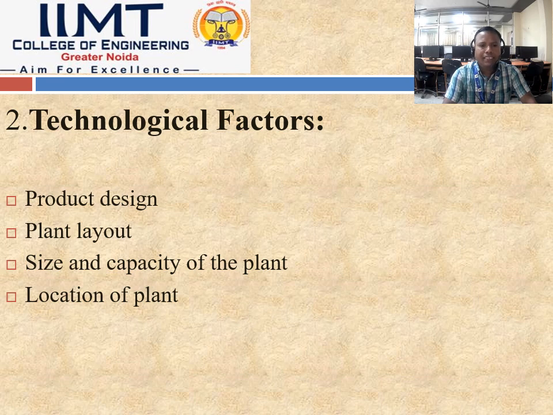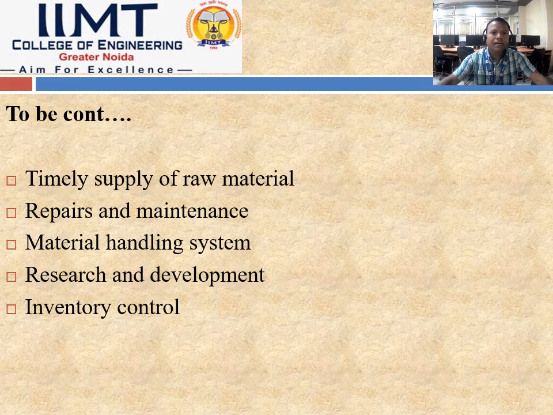Size and capacity of plant, location of plant are also very important factors of improving productivity of management, because if the plant location is not good, and the transportation facilities, light facilities, and market are not good, then it affects the productivity of the organization.